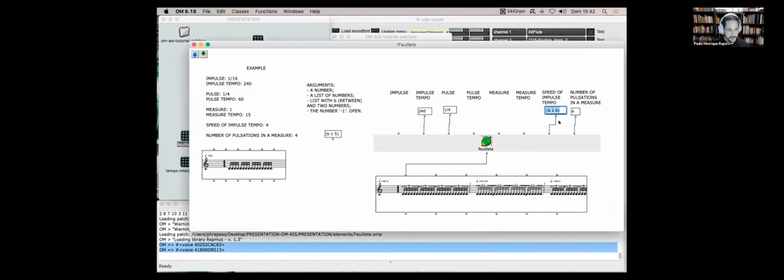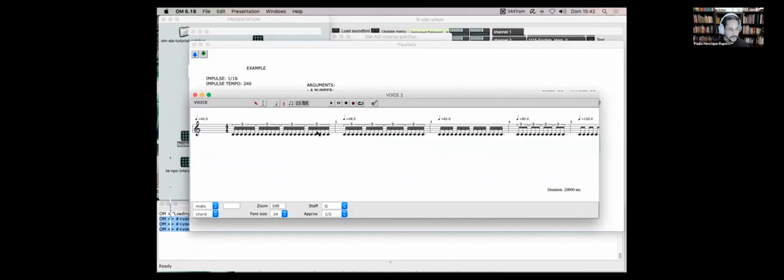Another example I thought of is if we use a list inside instead of between two numbers, for example, 2, 3, 4, 5, and 6. Then we have metric modulations that use these divisions: 6, 5, 4, 3, 2.